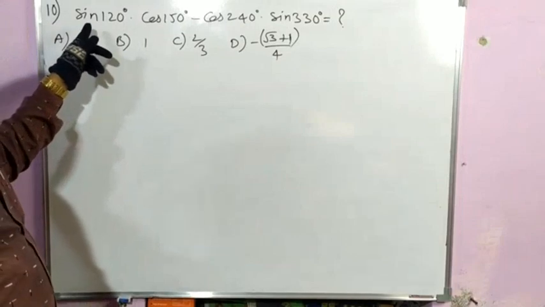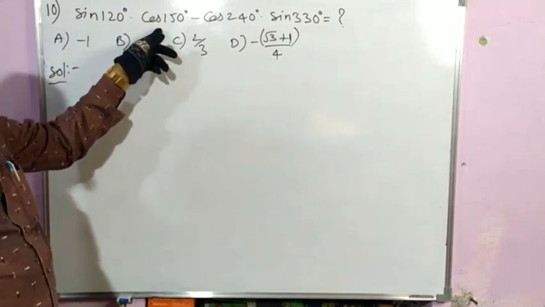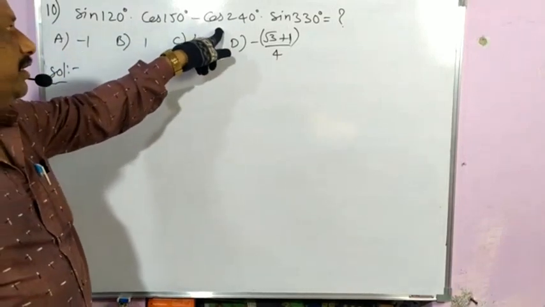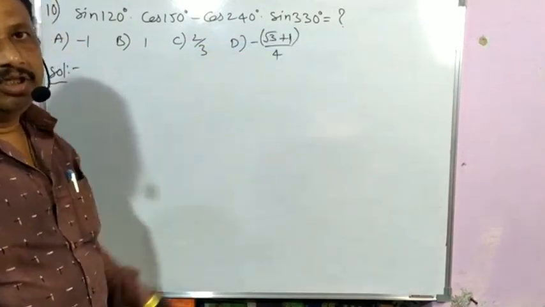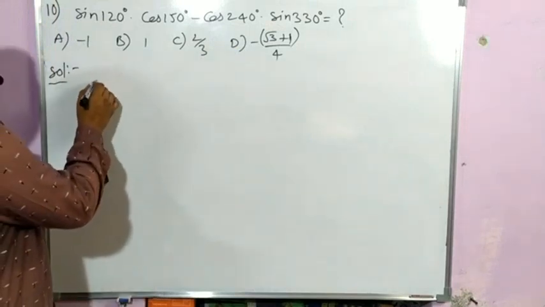So next question. What is given? Sine 120 degrees into cos 150 degrees minus cos 240 degrees into sine 330 degrees. It is a very easy one. Convert this into simplest form.